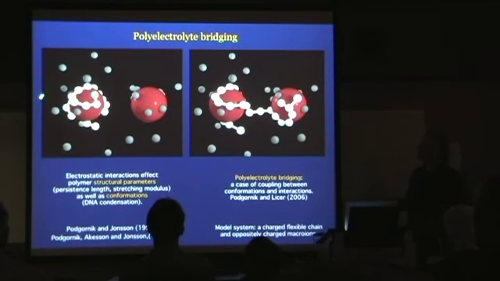And if it adsorbed on only one of them, then there's no such interaction. Obviously there's a transition between these two states at some critical separation, which is connected with the length of the polyelectrolyte. Because if the separation is too big, the polyelectrolyte cannot span the space between them.